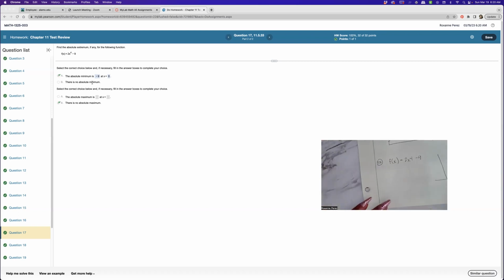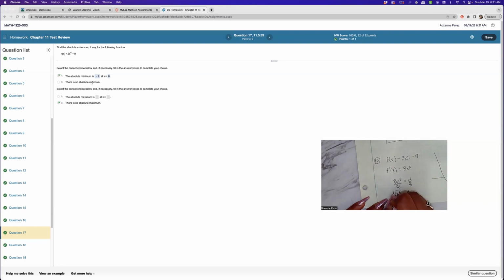And then you can also take the first derivative here. This is going to give you 8x cubed. Then you'll take 8x cubed, set it equal to 0, and then solve for x. So divide by 8, x cubed equals 0.